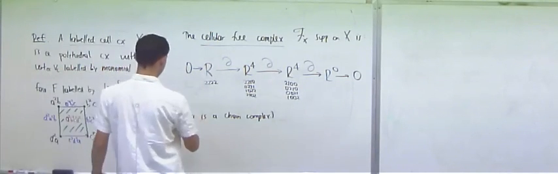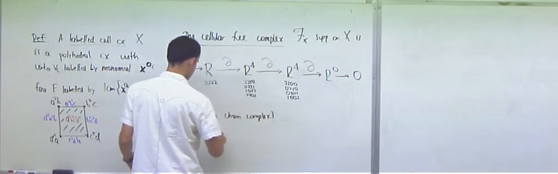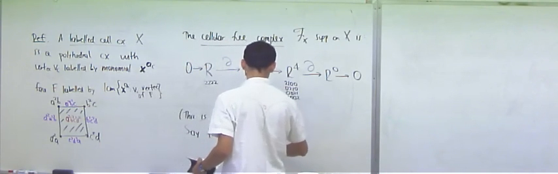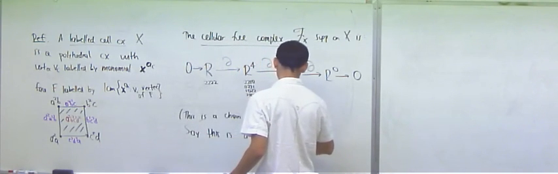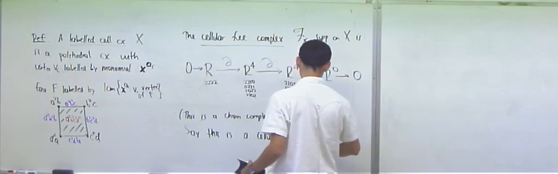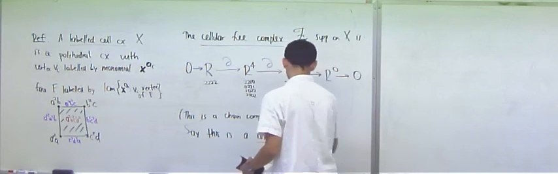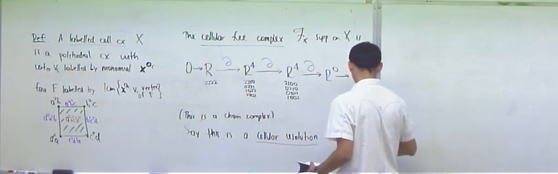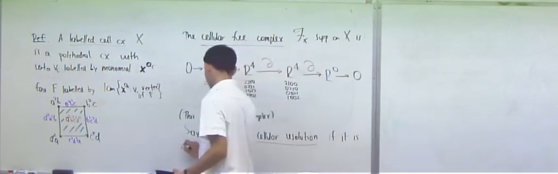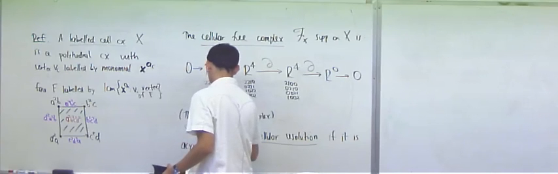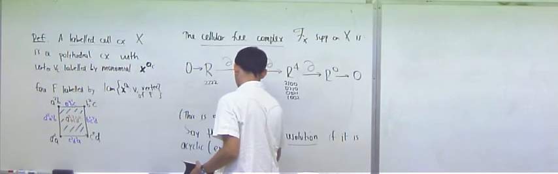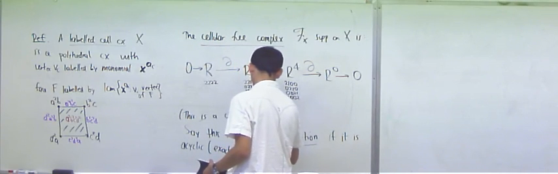So we're going to say that this is a cellular resolution if it is acyclic, and that means that it's exact everywhere but the last step.